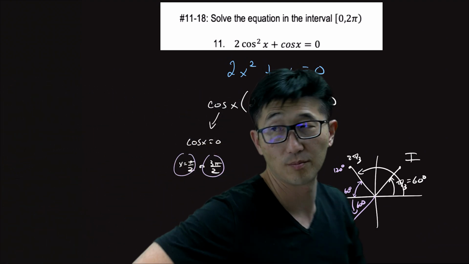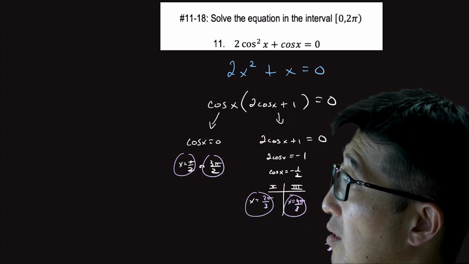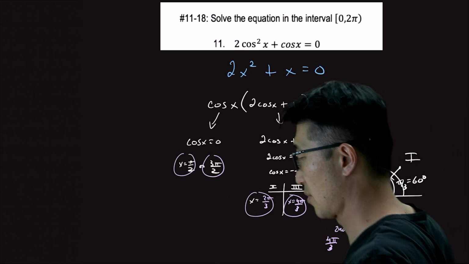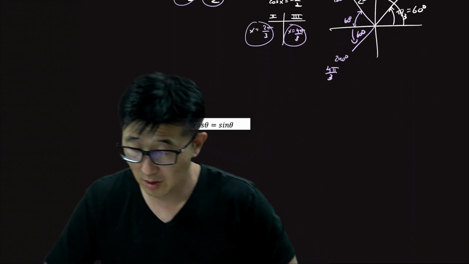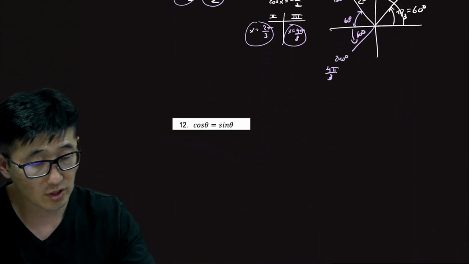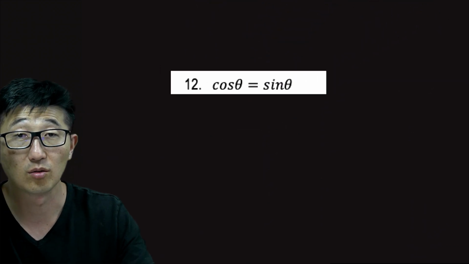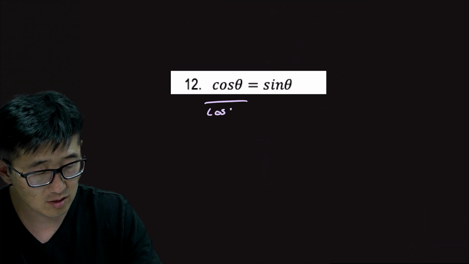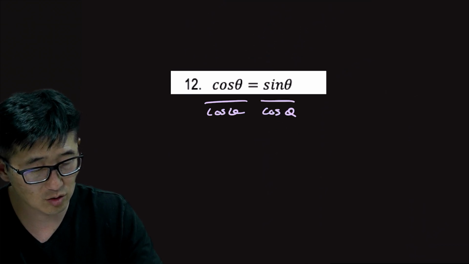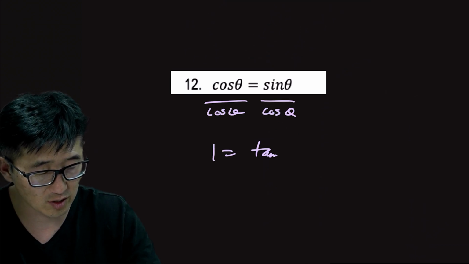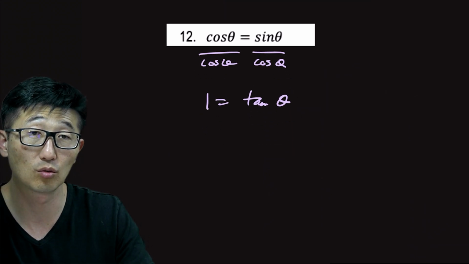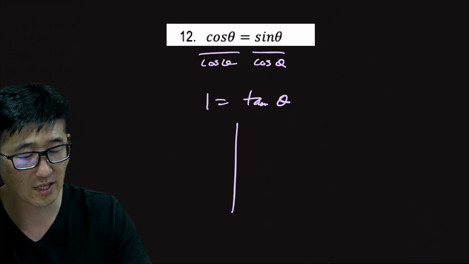Let me try one more. All right, so cosine theta equals sine theta, and when I see this, I see a tangent. Do you see a tangent? Yes. So 1 is equal to tangent of theta. Okay, so what quadrant is tangent positive?